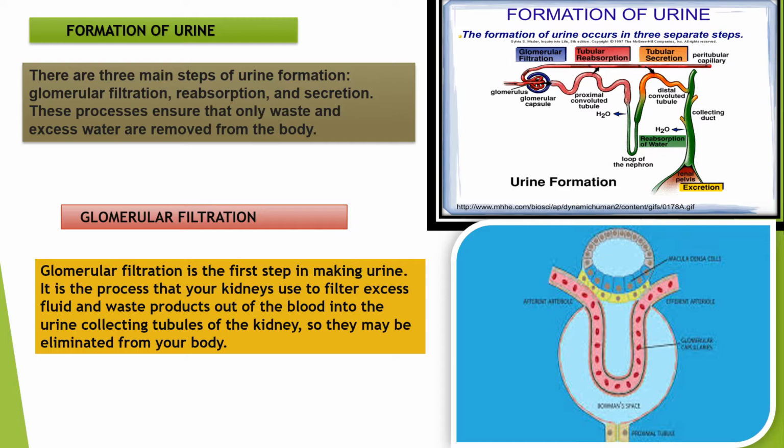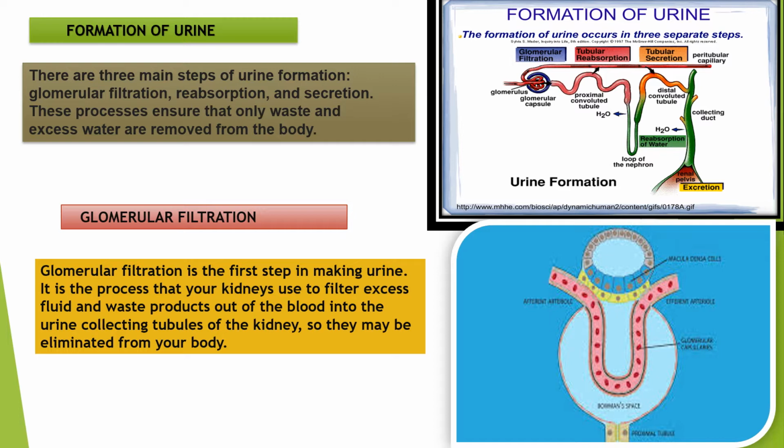One is afferent and another one is efferent arteriole. This is Bowman's capsule and glomerulus. And that one is macula densa cells. Blue color one is macula densa cells. So glomerular filtration happens.